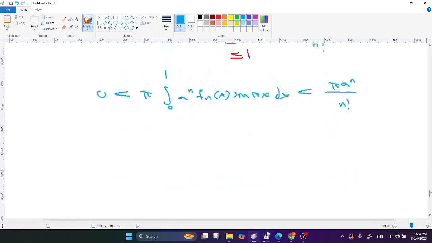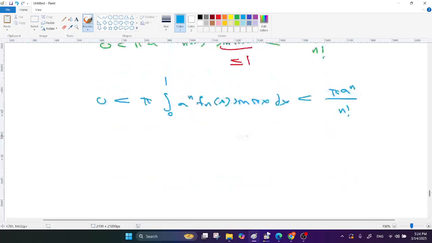And we will use now a very nice tool. We proved it earlier in this video: if a is any number, we can find n sufficiently large such that aⁿ over n factorial is less than epsilon. Take epsilon to be 1 over π.